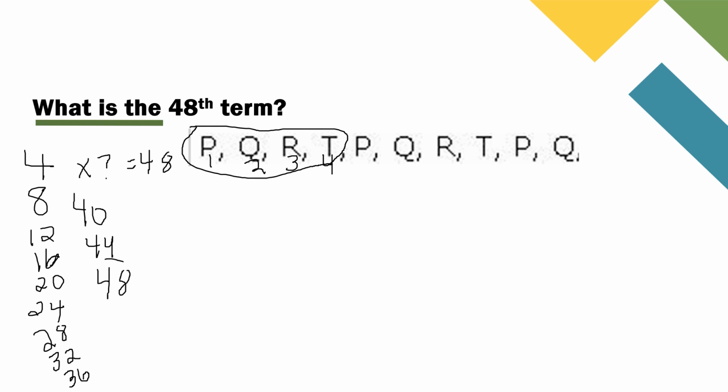So 48 is a multiple of 4, which means eventually, if I keep making these groups of 4, my 48th term will have to be T. Again, when you first look at the question, find your foundation, and you'll use however many terms are in your foundation to help you find the number that they asked you for.